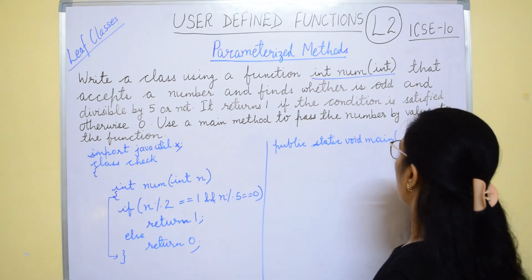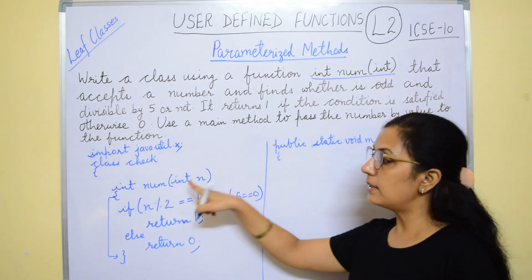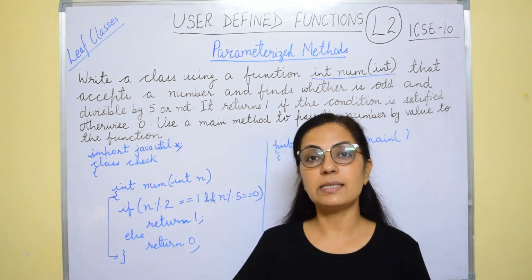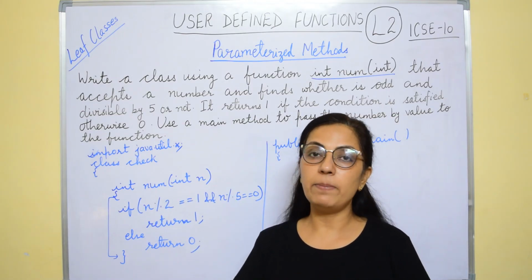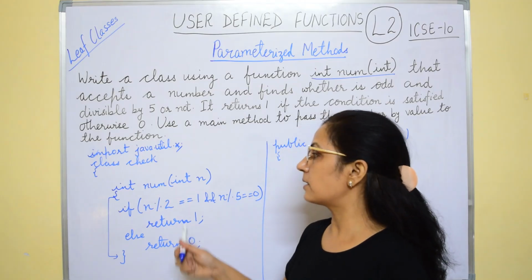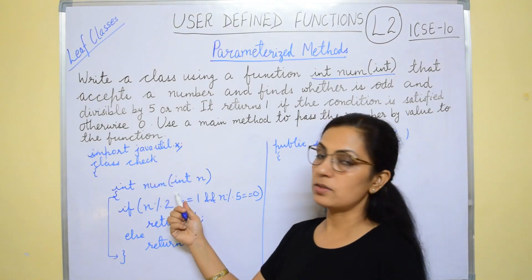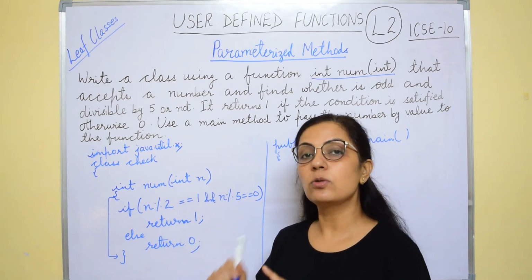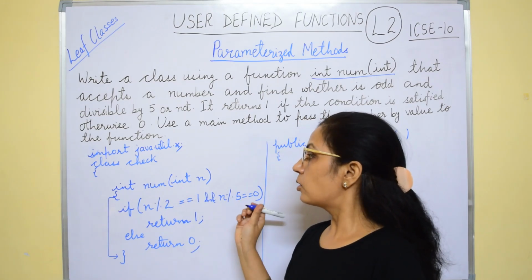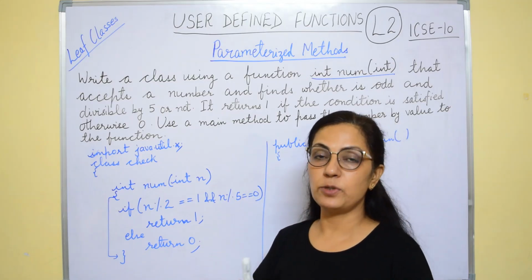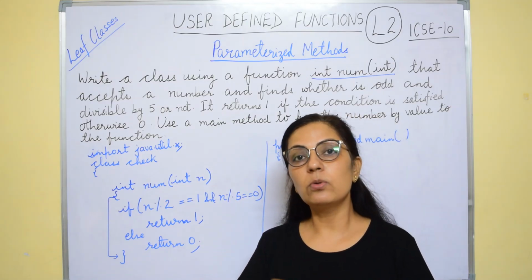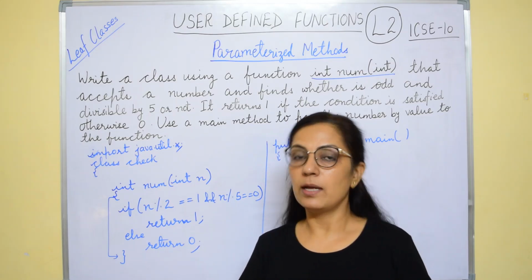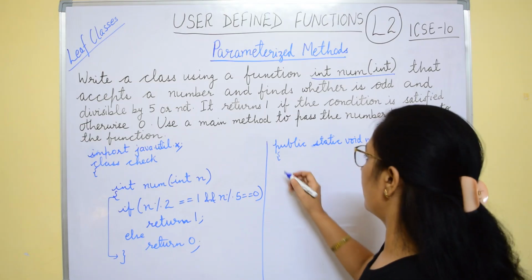Since we have to call this function from main and I have not used this function as a static function, I will be creating the object of this class where this function exists. Any function you use, you have to call using the object name only. So first object creation is required.